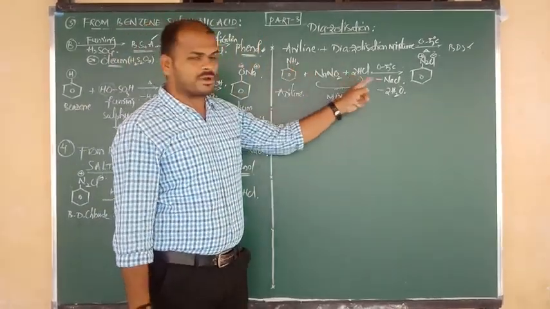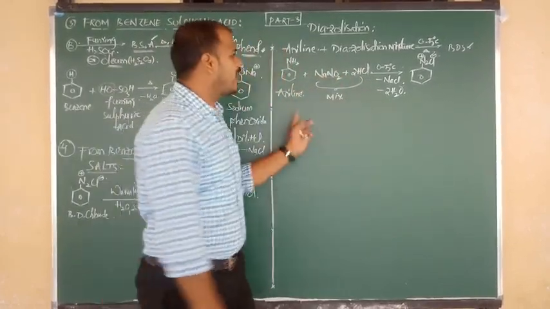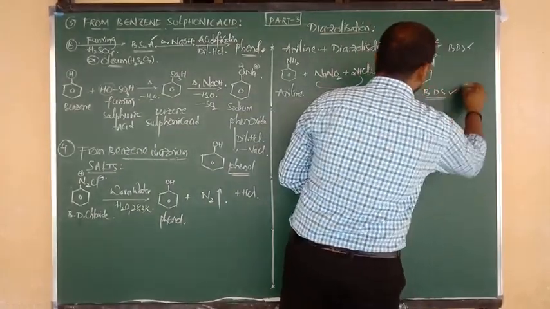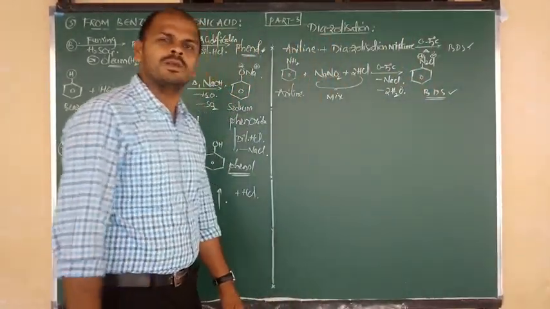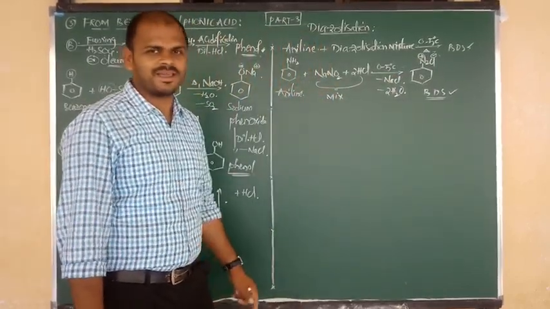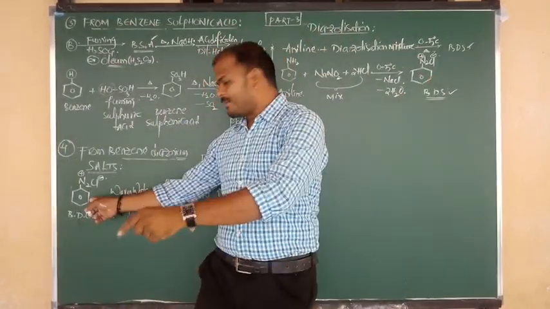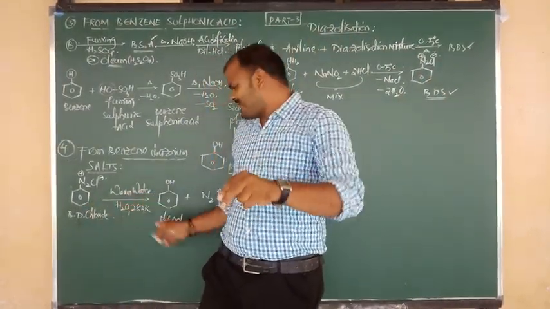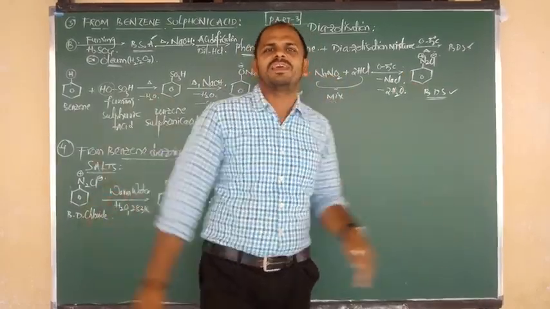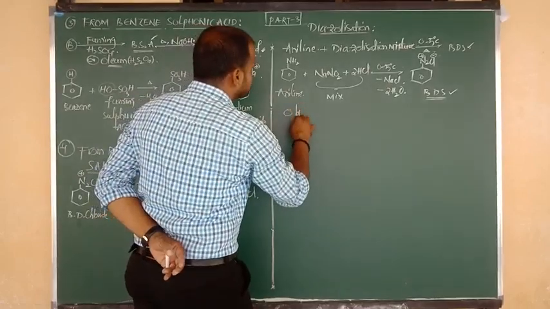Here you get the product BDS, benzene diazonium chloride, or benzene diazonium salt. This is the preparation of BDS. By using that BDS, upon mixing with warm water, you get the product phenol. I hope you understand clearly now. Good. Remaining objective preparations of phenols.